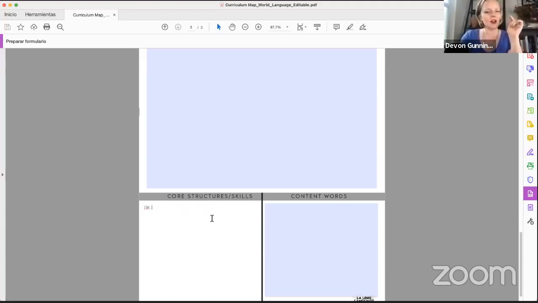But that's actually not where you should start if you want this process to go quickly, because you know what's going to happen if you start here in core structures and skills, or maybe even if you're starting in content words, in things like, I know that I want to do a restaurant unit. I would love to do clothing because my students talk about it a lot.